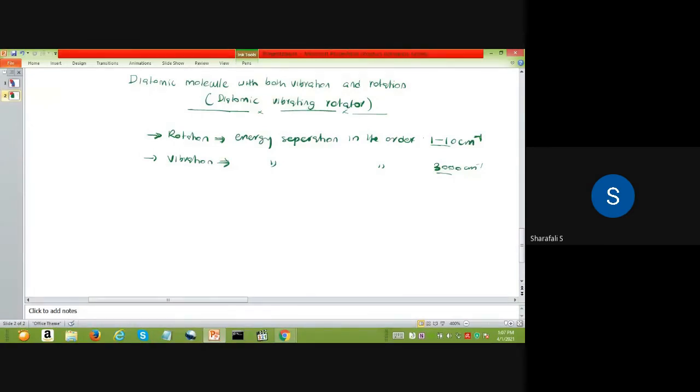So in this case, we can treat these two energy levels separately.